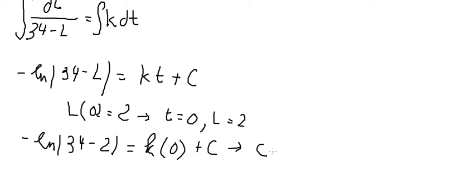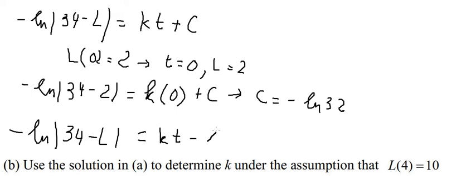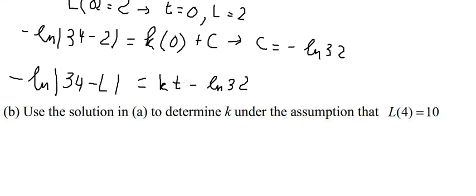So we have C equal to negative ln of 32. So we put this one back in here. And this is the answer for question A.